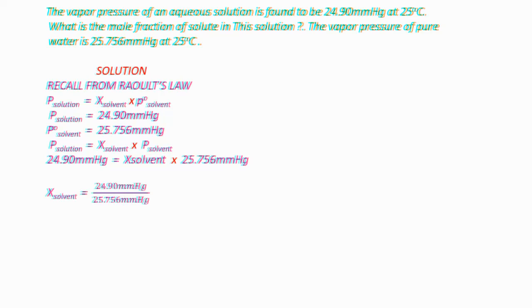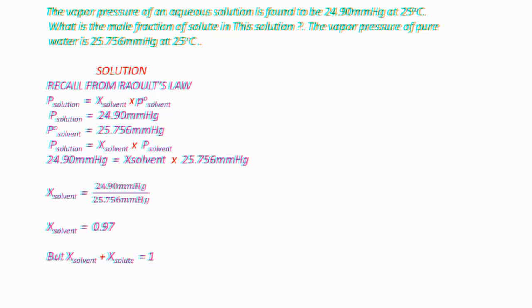So when you divide 24.90 over 25.756, it will give you 0.97. Now recall from Raoult's law that X solvent plus X solute is equal to 1. The mole fraction of the solvent plus the mole fraction of the solute is equal to 1.